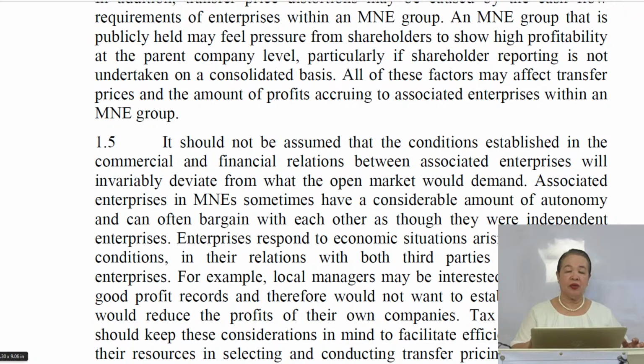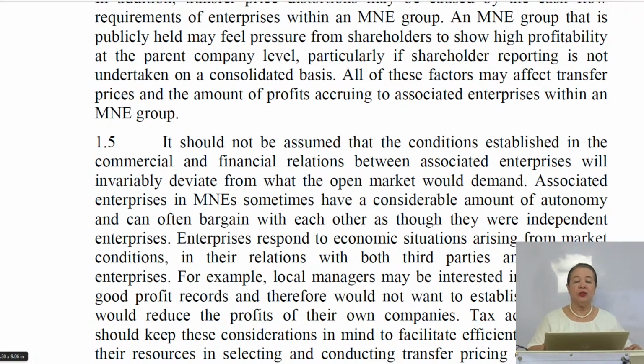Why? Because they are not making any sales, they are not making any income. They are just providing services to the member of the group who has the income. So the problem will lie in how to allocate this income.